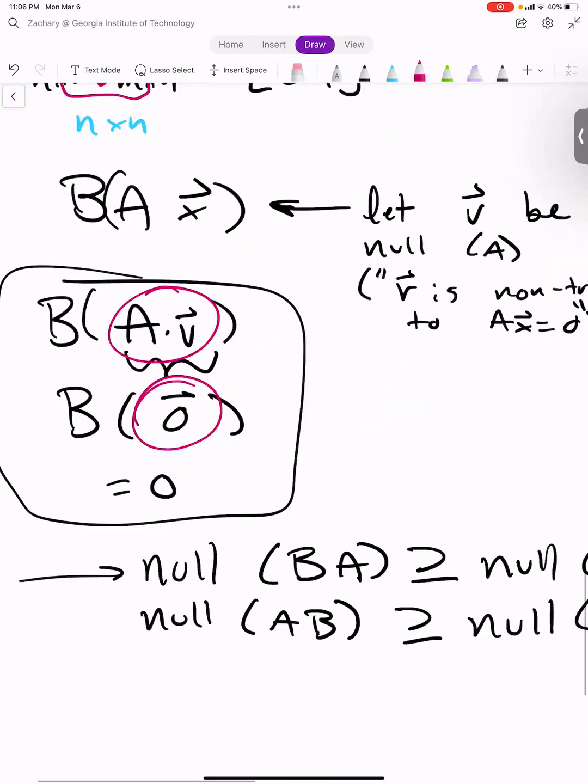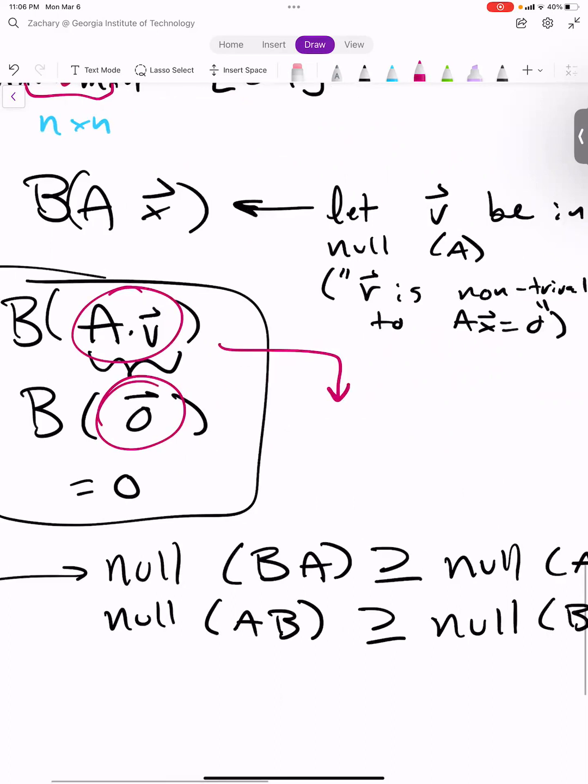But alternatively, if v isn't in the null space, then we have B times some new vector, I'll call it w, or Av equals w. It's just some non-zero vector that isn't in the null space. But w could still be in the null space of B, so this could still be equal to zero based on B's own null space.